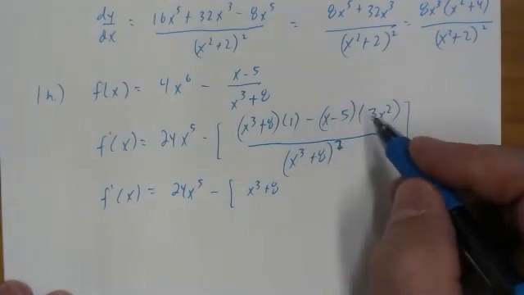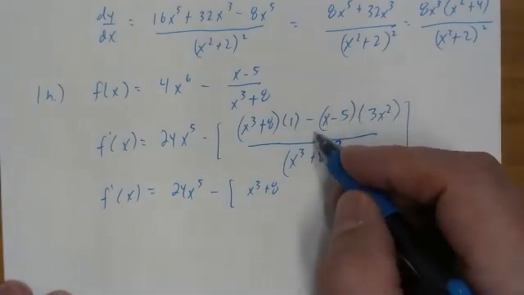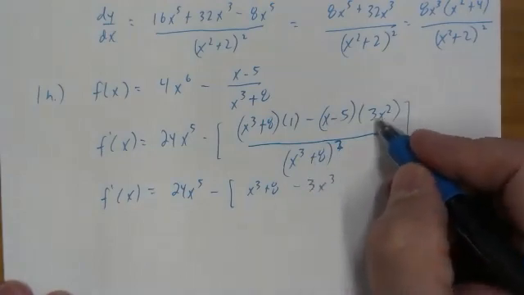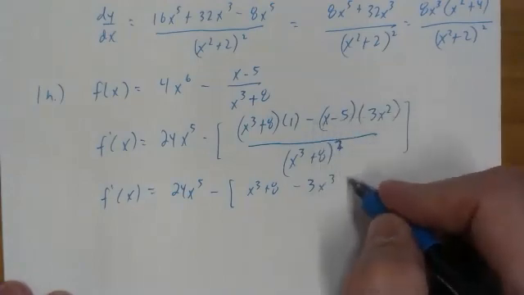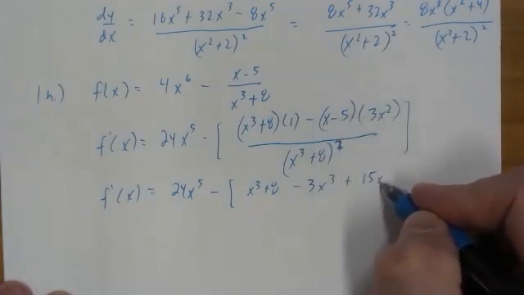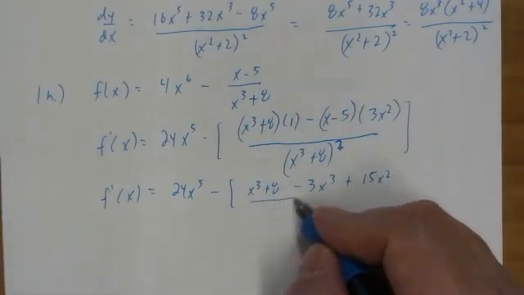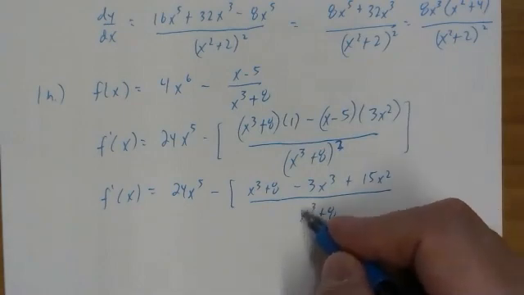So I've got this minus here. So 3x squared times x is 3x to the 3rd, but it's minus. 3x squared times negative 5 is negative 15x squared. All of that over x cubed plus 8.